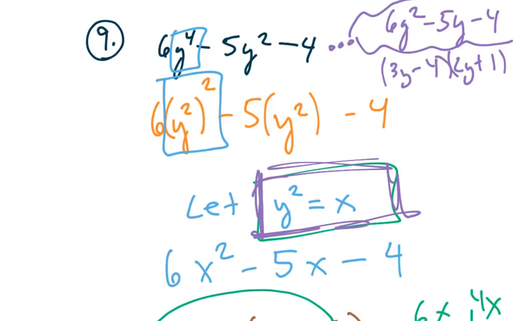So I would write it like so, and then because I know it has to be to the fourth, you can just square these. So that's another way of treating it. Just think of it as a reduced version of itself, and then just resubmit it. Because it's clear that if these are y squareds, when you distribute, you're going to get y to the fourth, and then as you do the middle part, you're going to get y squared, and the backs stay the same. So that'll work. And that's the last part.